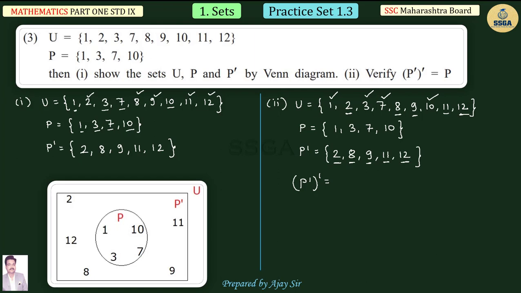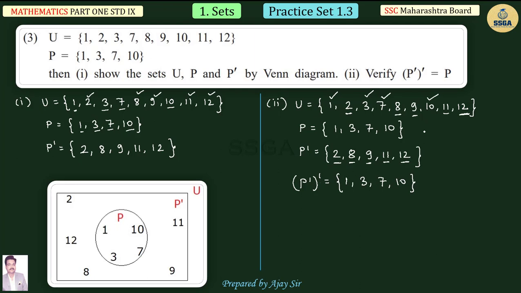So P complement of complement is 1, 3, 7 and 10.